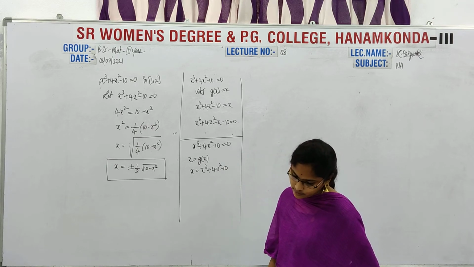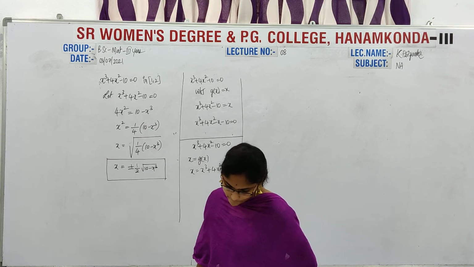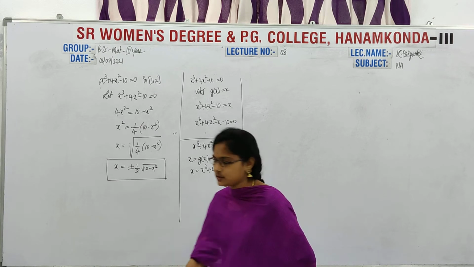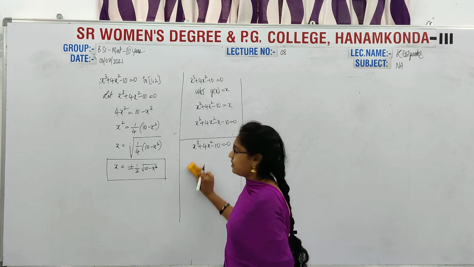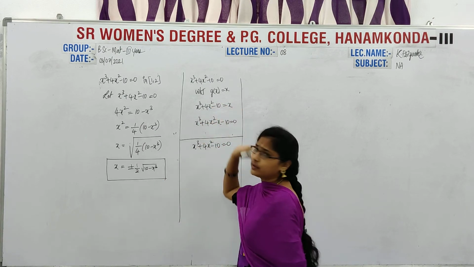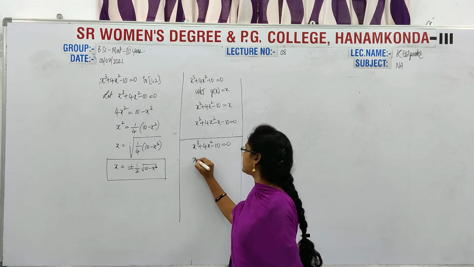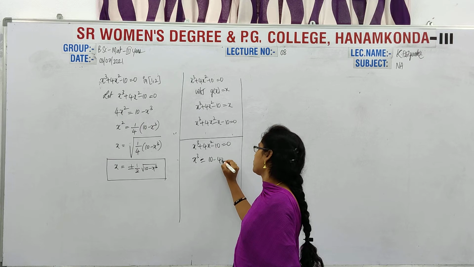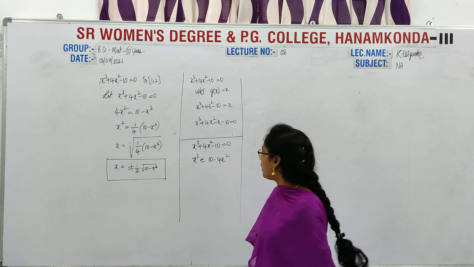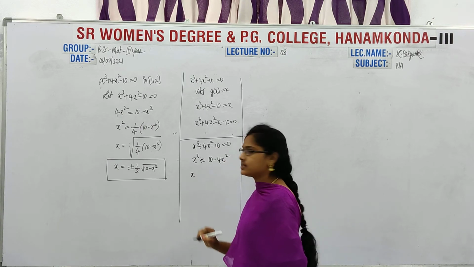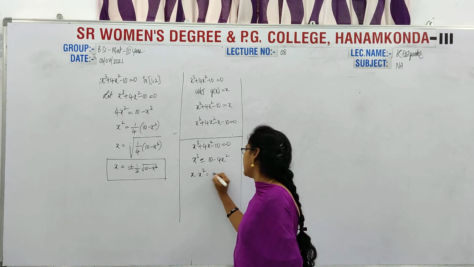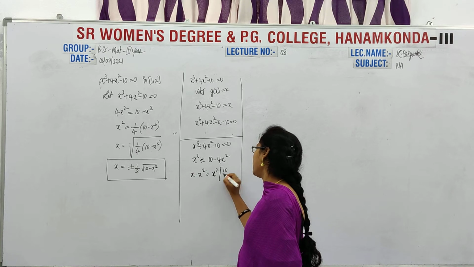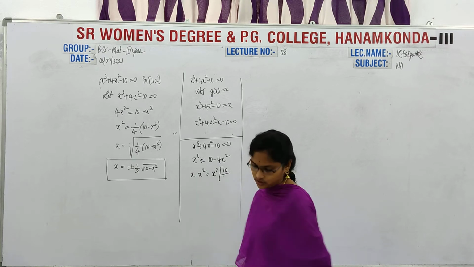So now here what we get? For this one I took that x is equal to g of x, and for this one what I am doing is x cube is equal to 10 minus 4x square. Okay. Now here I am writing it as some x into x square equal to, I am taking x square common, then 10 by x.